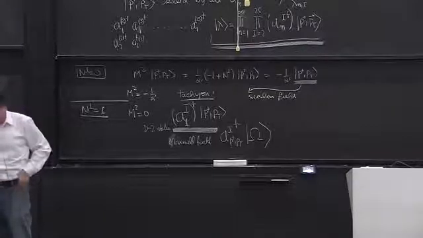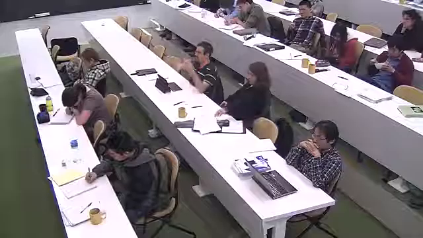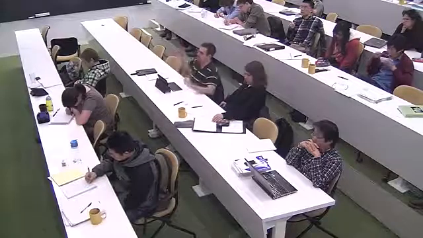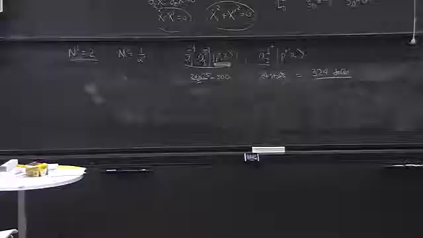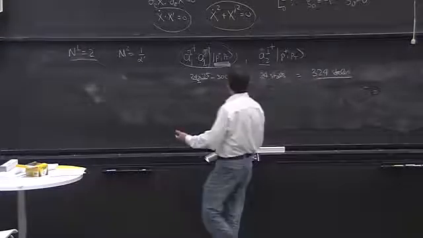Yes? So just to get some sort of intuition, if possible, typically we use these A and A daggers, oscillators, and think of them as particles at different points. How do we think about how we have these multiple oscillators in this case? Well, multiple oscillators are just ways to construct more and more particles.